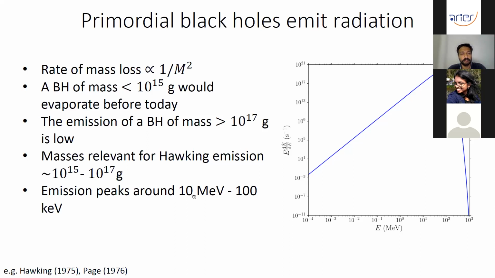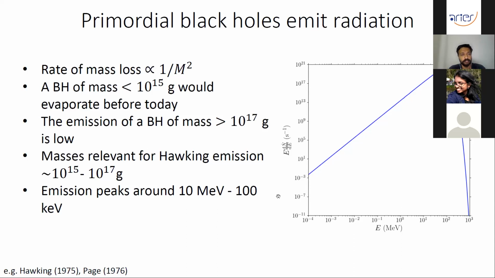The figure that you see shows a typical example of the spectrum of the Hawking radiation, and you can clearly see there is a resemblance with the black body radiation. Just one point that will be important for our discussion is that the peak of the emission of this spectrum is, for example, for a 10 to the 17 gram black hole, at 100 kilo electron volts.